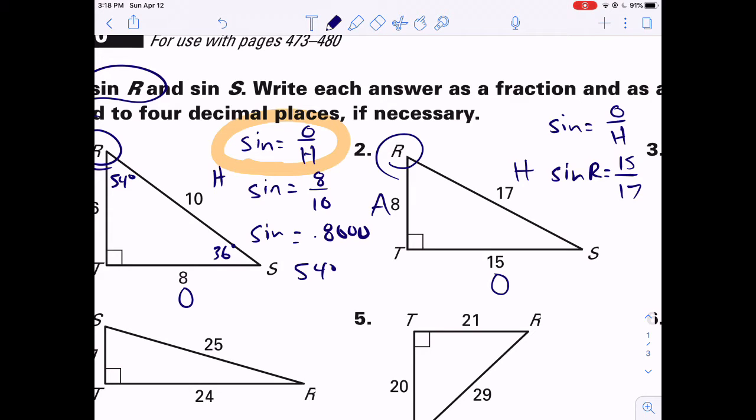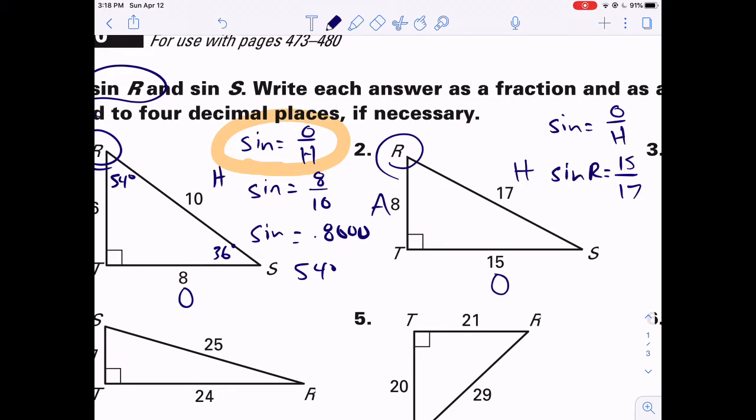And I'm going to need a calculator. So hang on a second. Grabbing a calculator. Here we go. So in the calculator, I'm going to put 15 divided by 17.